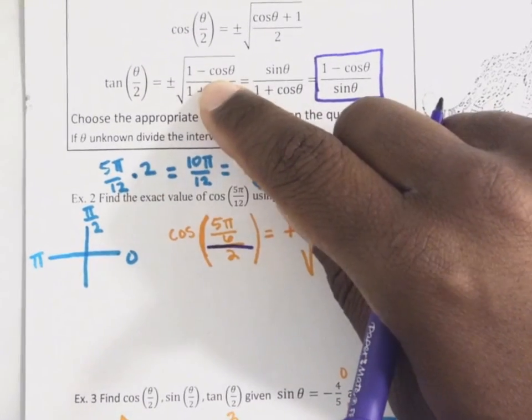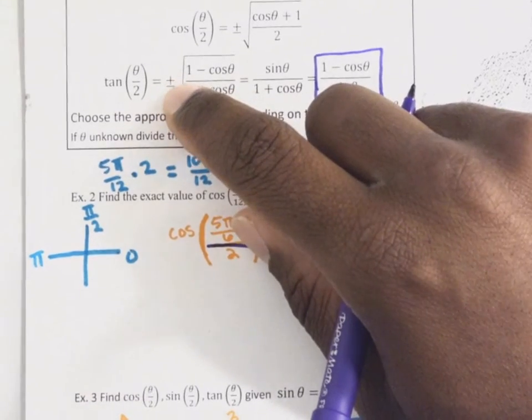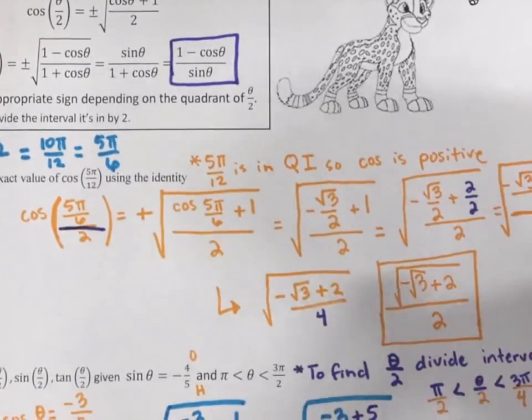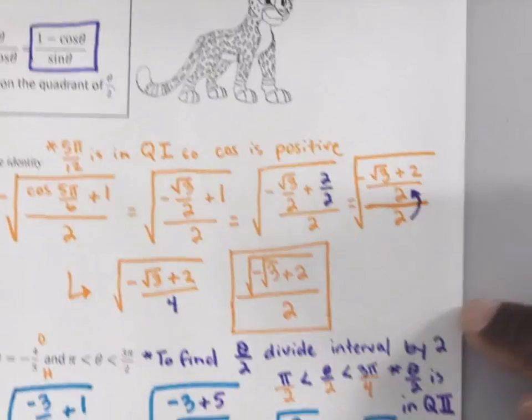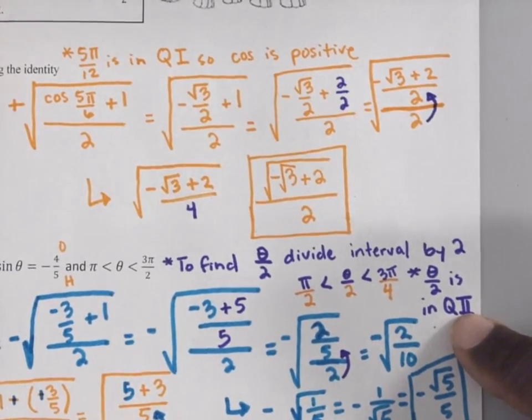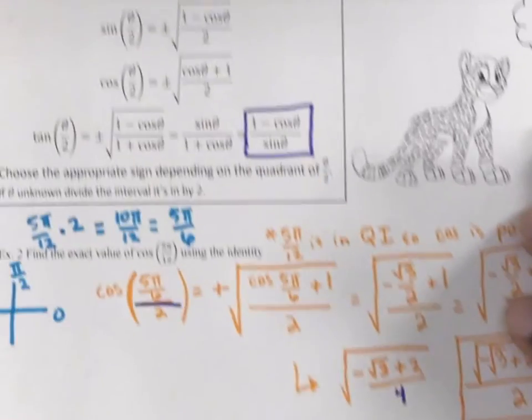Now, if you use this one, because cosine is the only thing involved, you'll have a decision to make on the sine. So tangent in the second quadrant should be what? Positive or negative? In Q2. Negative, because cosine's negative, sine's positive. So it should be negative.